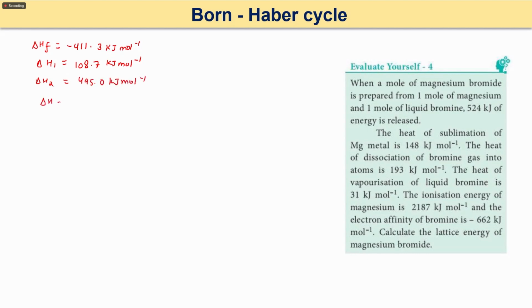Delta H3 is 244 kilojoule per mole. And your delta H4 is minus 349.0 kilojoule per mole.